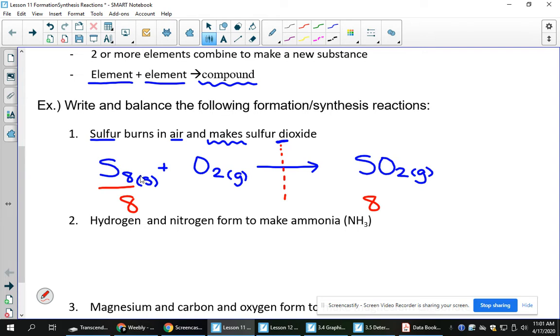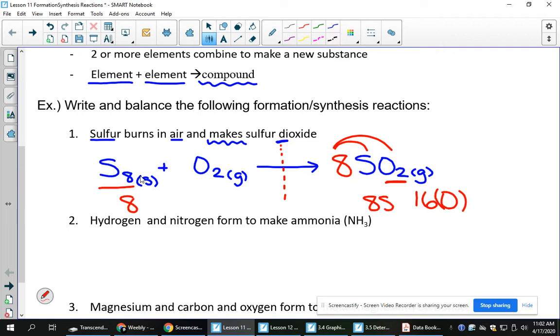So what I have to do is force there to be 8 sulfur atoms on the product side, or SO2, and the way that I do that is by putting an 8 in front of SO2. Okay, but that 8 multiplies by the sulfur and it multiplies by the oxygen. So where we had 2 oxygen to start with, we now have 2 times 8, or 16 oxygen. Let's just put that in brackets so it doesn't look like a 0.